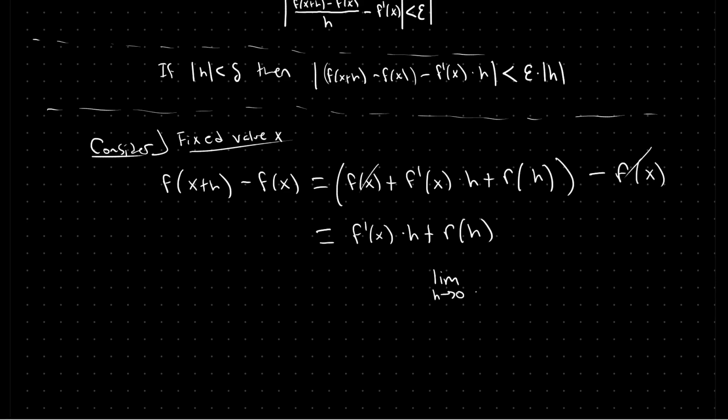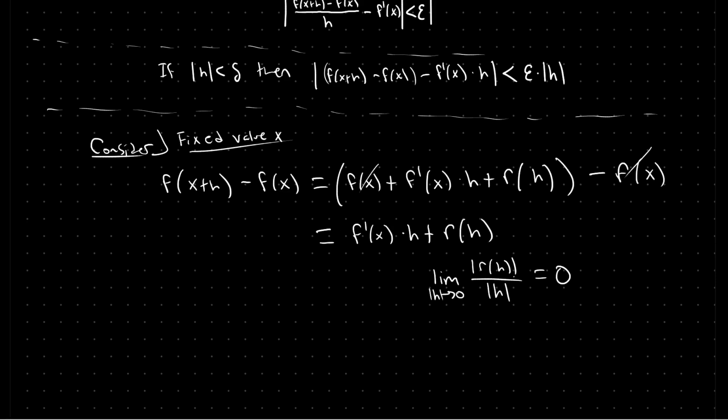The limit as the size of h goes to 0 of the absolute value of the remainder divided by the size of h must be equal to 0. And this says that the remainder itself has to be going to 0 faster than h is decreasing to 0.